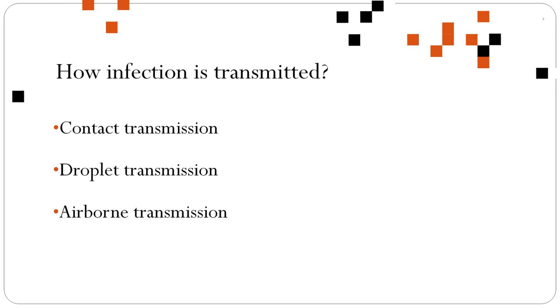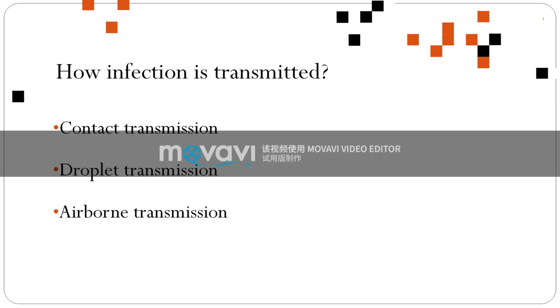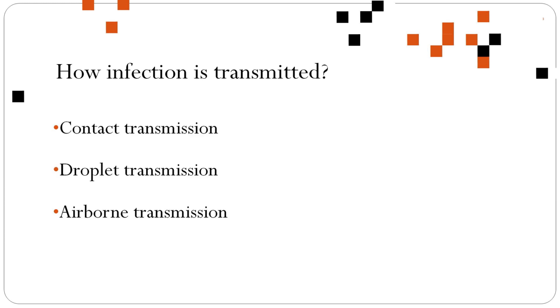It usually is transmitted by coughing, sneezing, and talking. Airborne transmission means the contaminated dust particles can remain suspended in the air for a long period of time. The contaminated air may be inhaled by a susceptible person over a long distance from the infected patient.